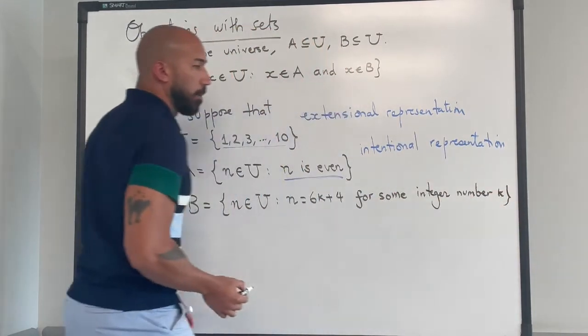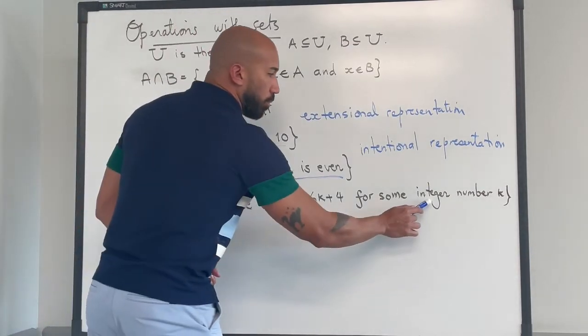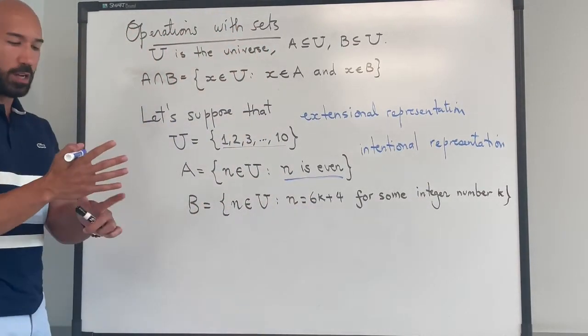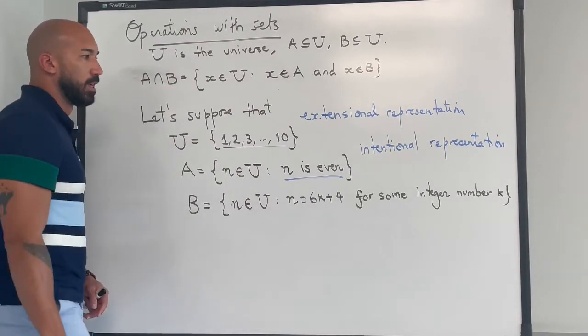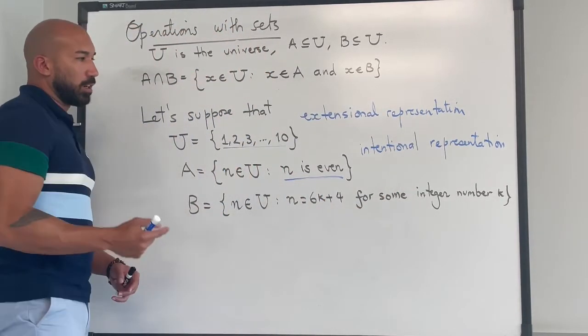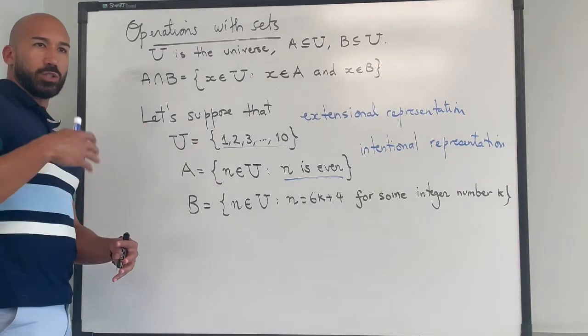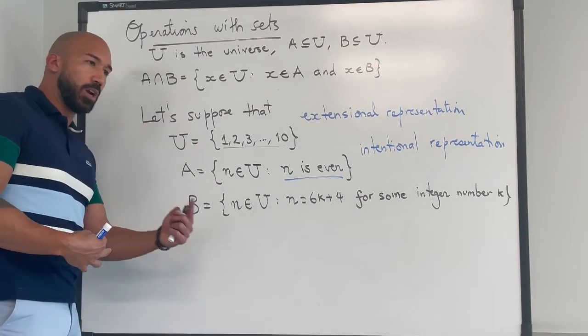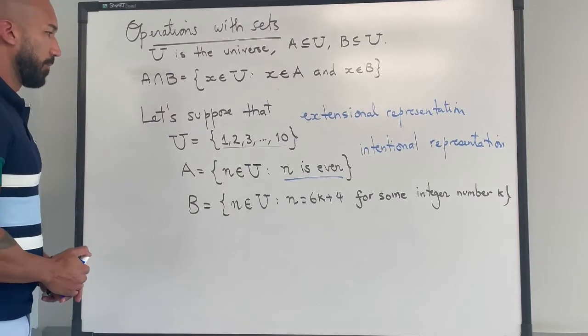Okay. And the main difference between natural numbers and integer numbers is, well, the natural numbers are 1, 2, 3, 4, 5, the numbers that we use to count, the positive ones. And the integer numbers, in addition to the natural, include 0 and the negative ones. So 0 is integer, but it's not natural. Negative 1 is integer, but it's not natural. Okay?